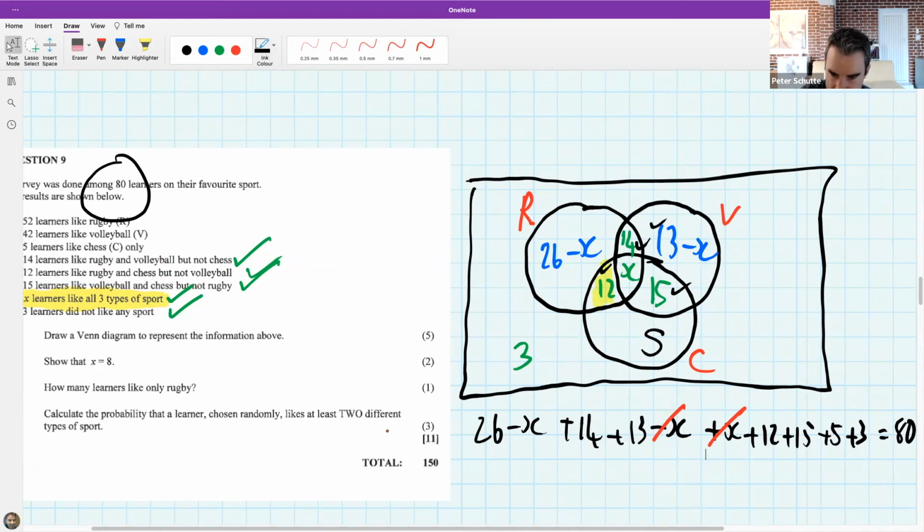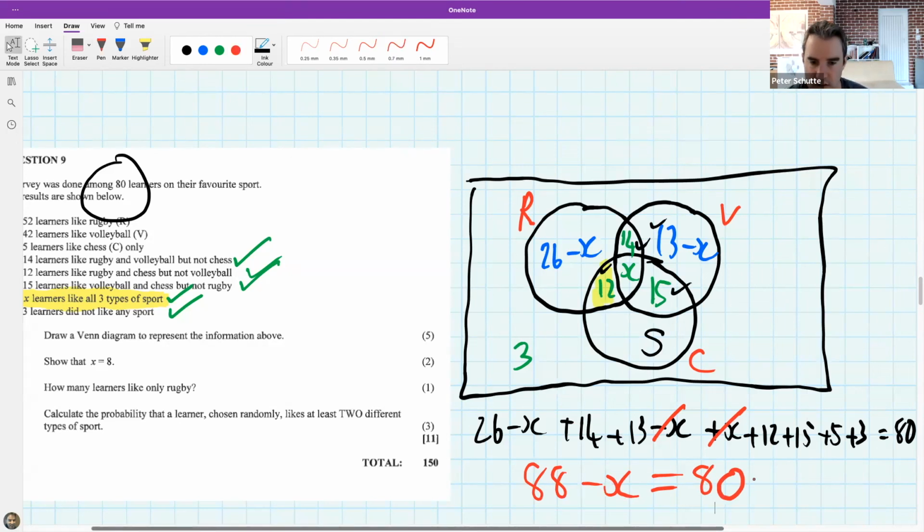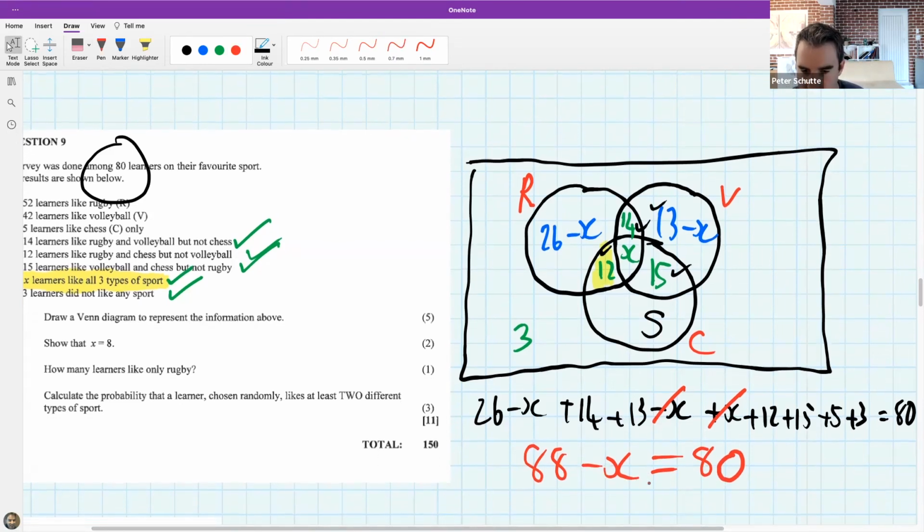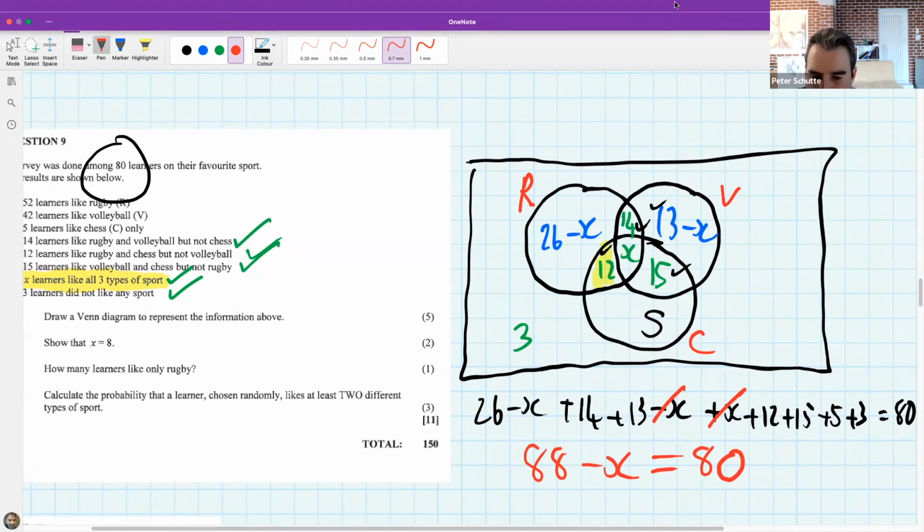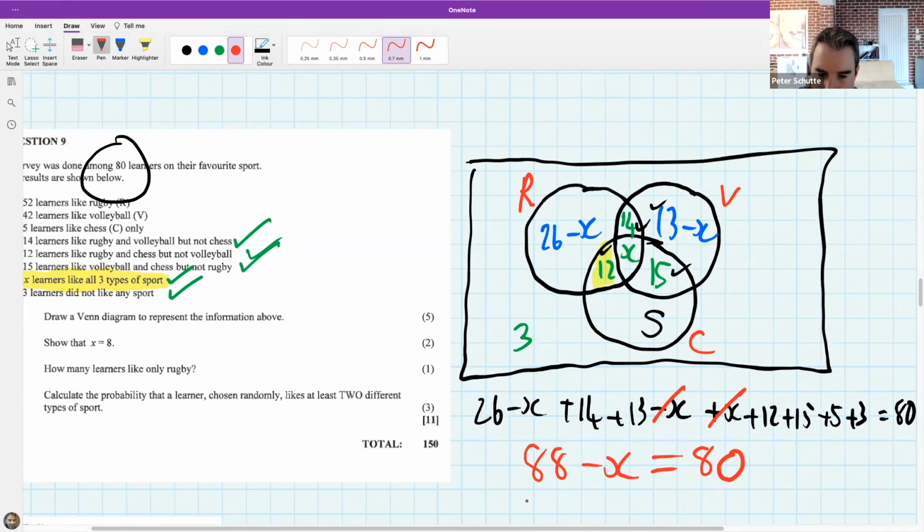Put your answer for X in the chat. Plus 13. I get 88 minus X equals 80. And then 88 minus 80 is X. And so X is 8.